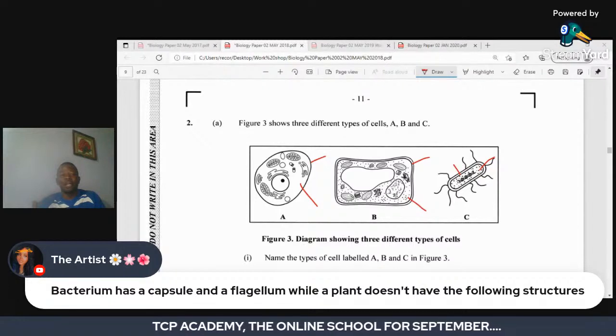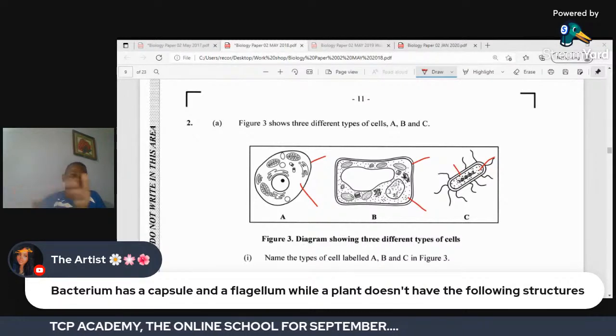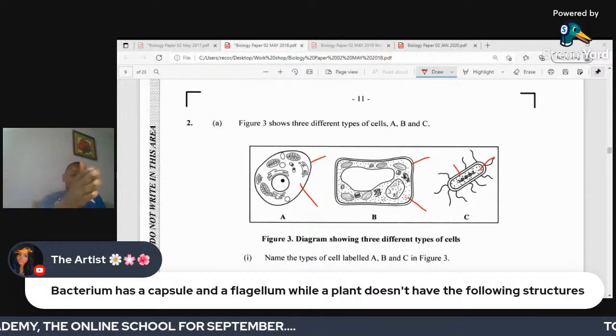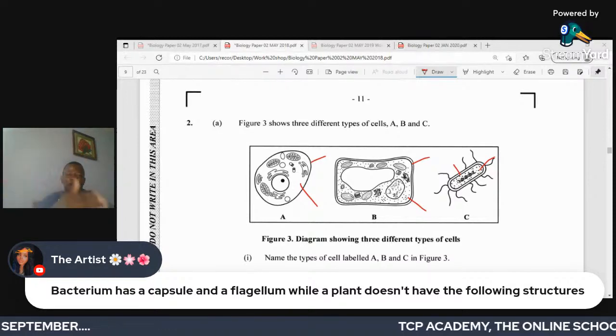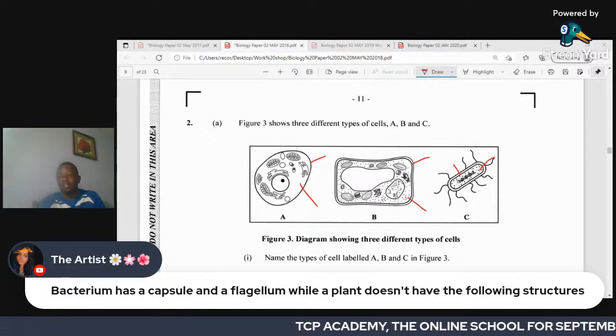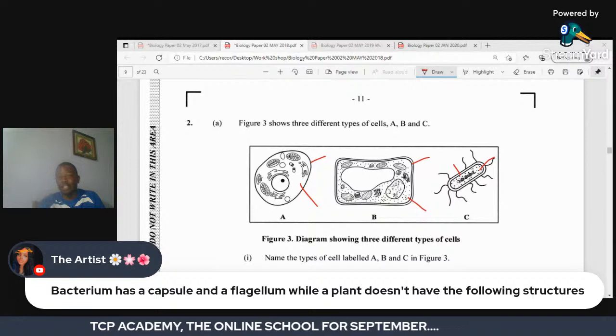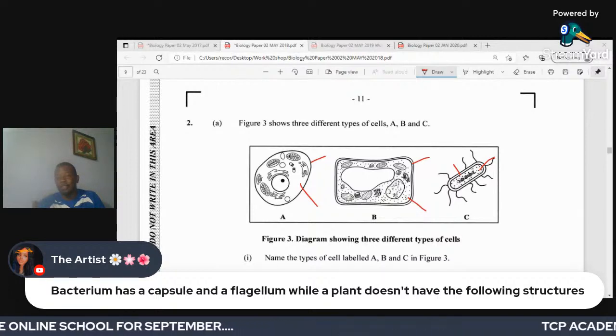We know that the bacteria has this flagellum that whips like the sperm and propels it, allowing it to move. All right, but I'm looking for something else, while the other cell doesn't have that.